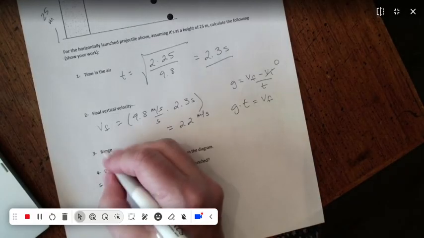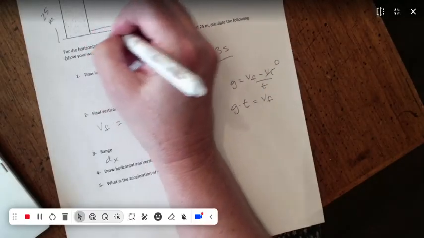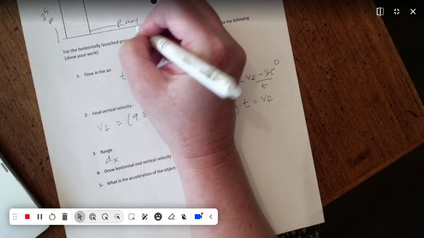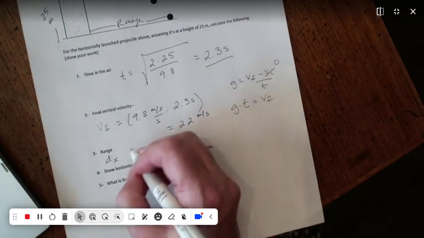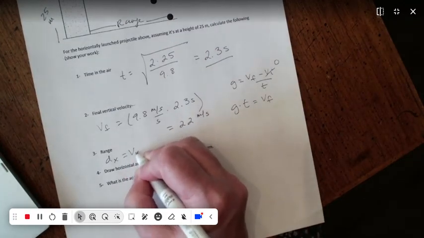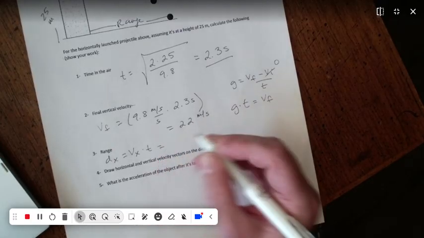Then the range, this is my horizontal displacement. So this is my range. Remember we calculated that, we did labs on that. And that depends on my horizontal velocity times time. That's a constant velocity equation because horizontally it's a constant velocity. There's no horizontal force.